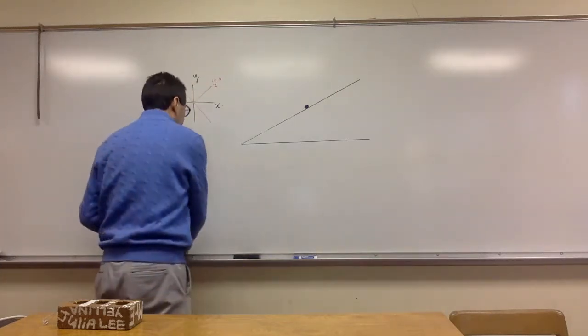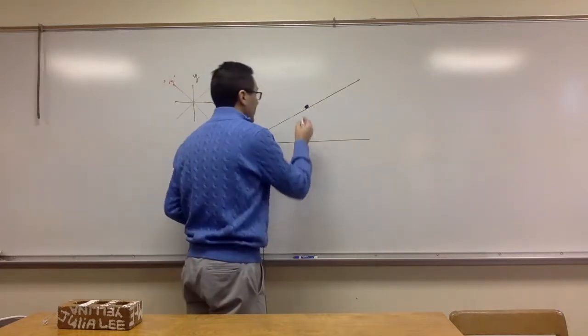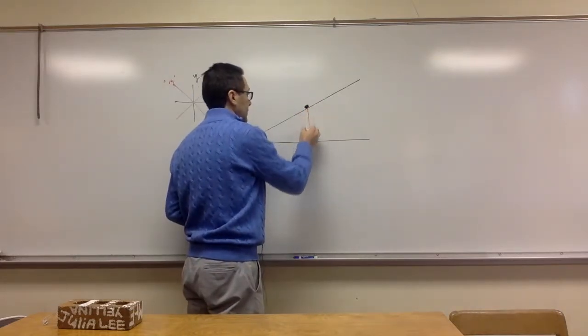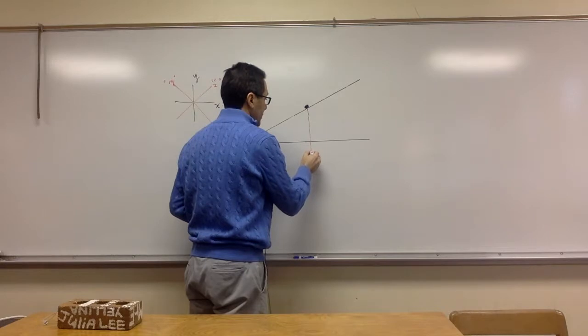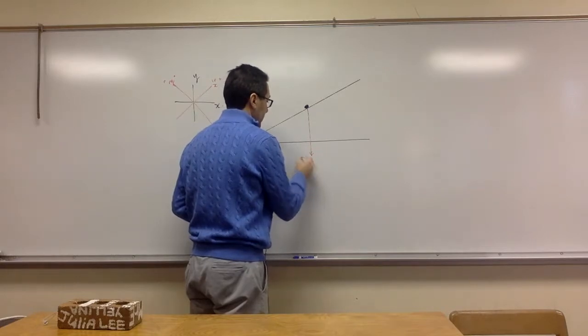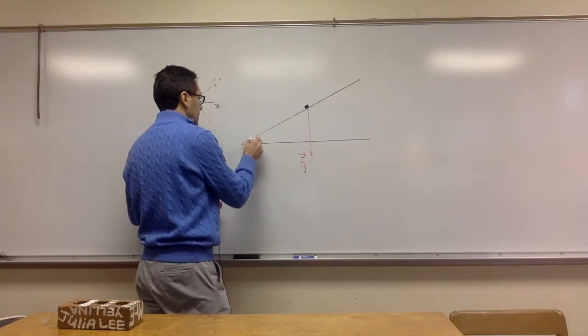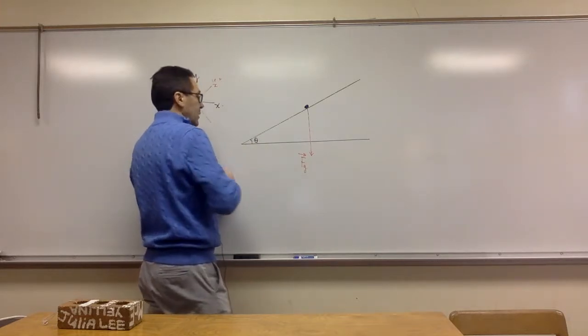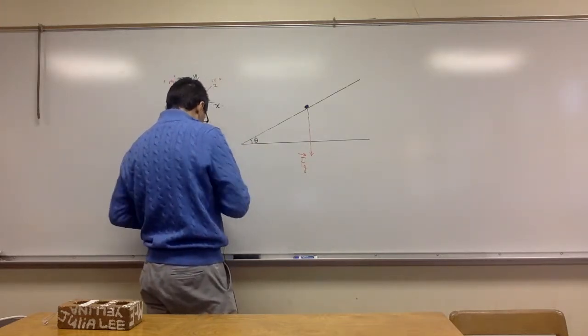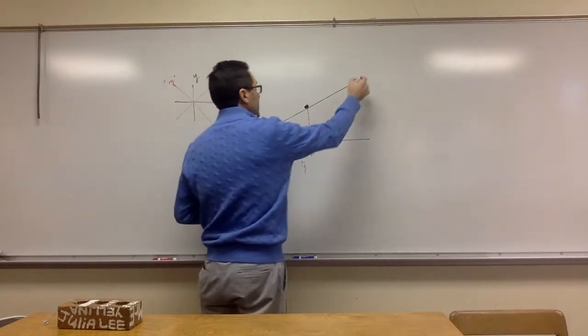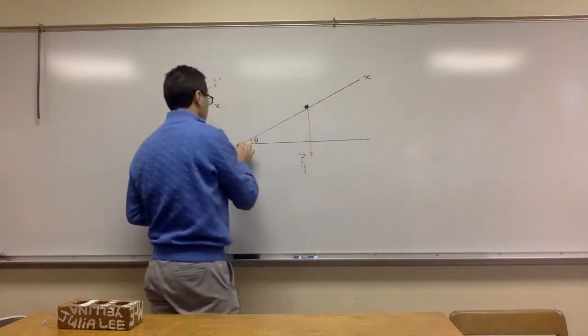So let's look at the forces acting on this, or at least one force. I can definitely say there is the Fg, the force of gravity. Now this angle here is theta. I'm going to break this force down into its x and y components. Along the ramp is the x.